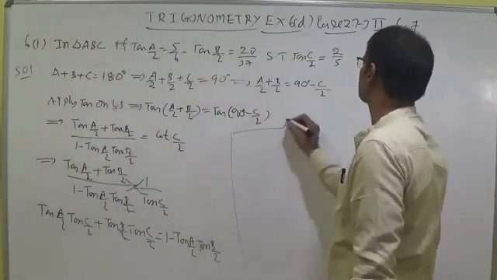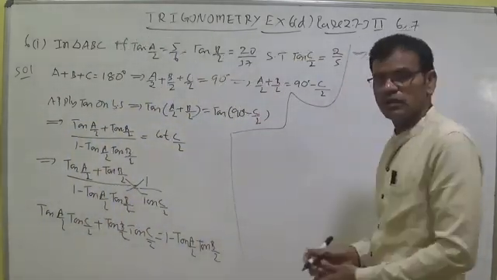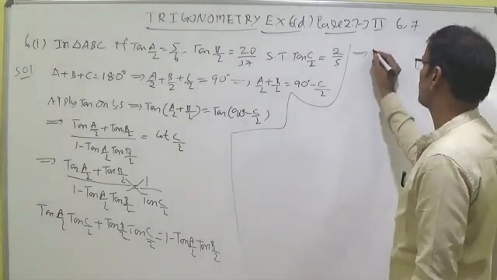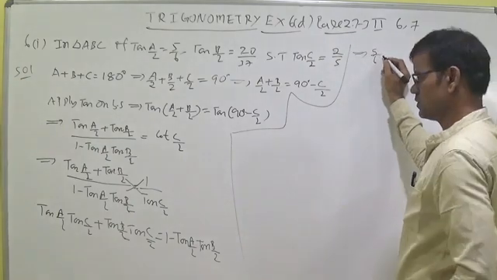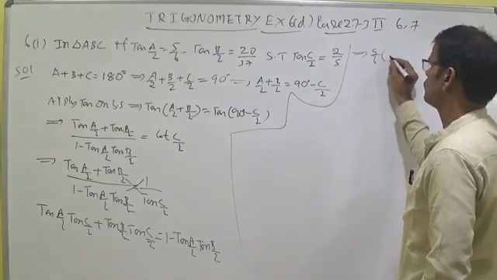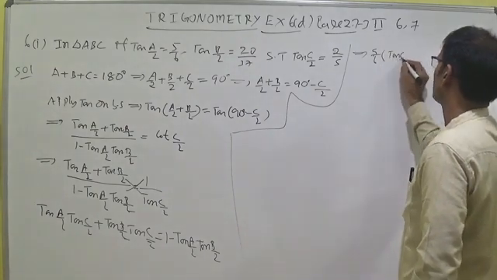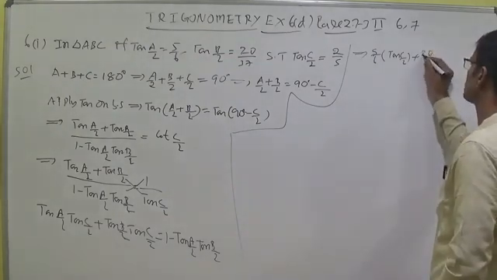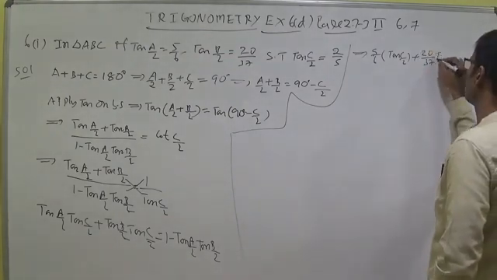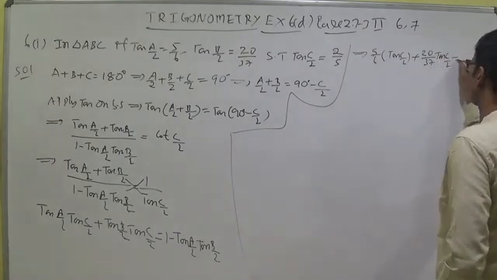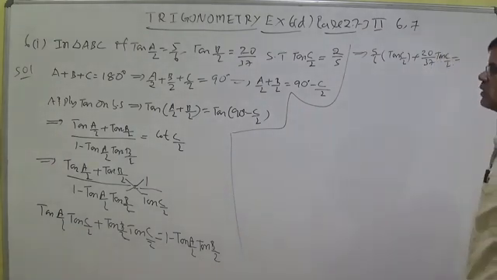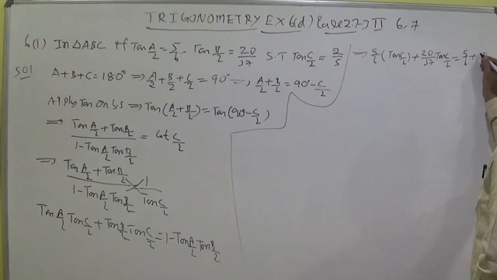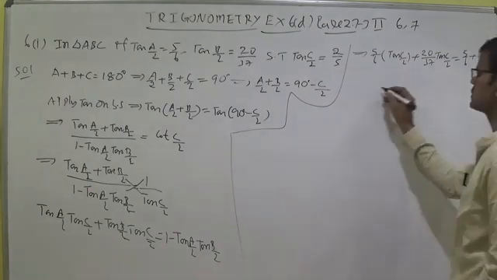That implies, the values you can write here: tan A by 2 value is given as 5 by 6, into tan C by 2 which we don't know, plus tan B by 2 value given as 20 by 37 into tan C by 2, is equal to tan A by 2 plus tan B by 2, so that is 5 by 6 plus 20 by 37.